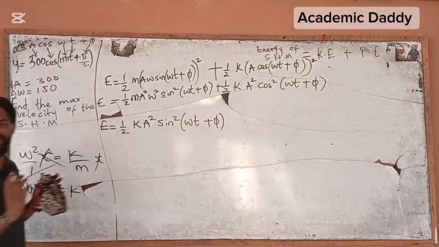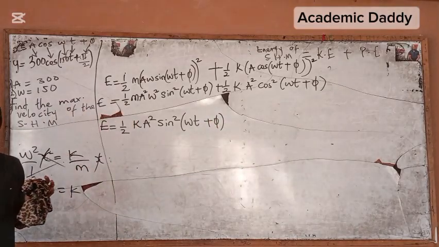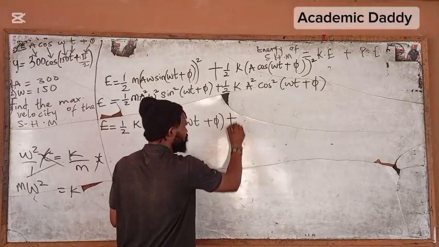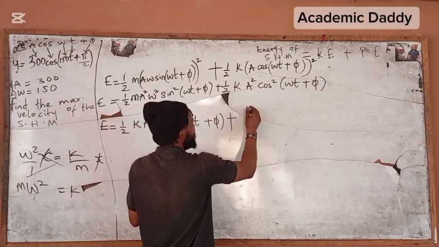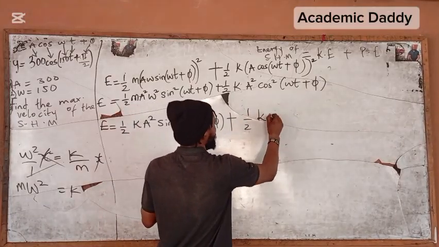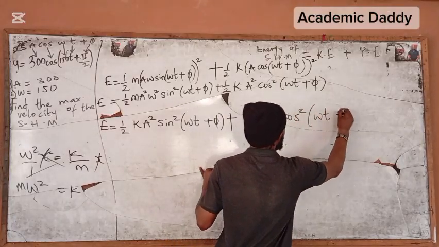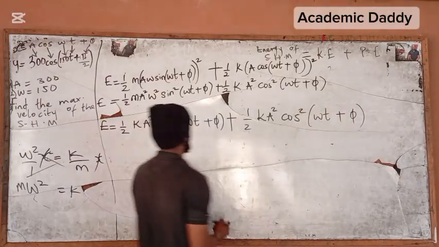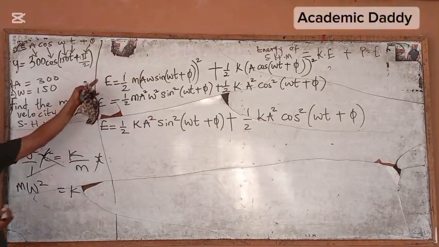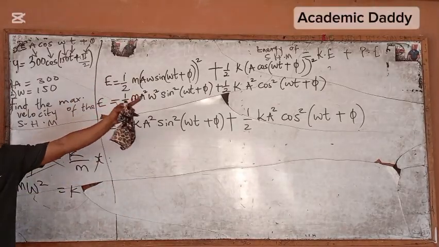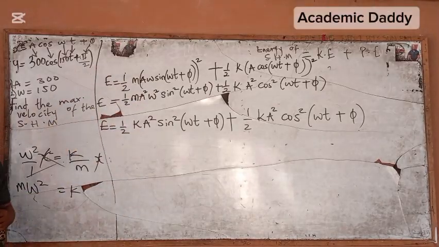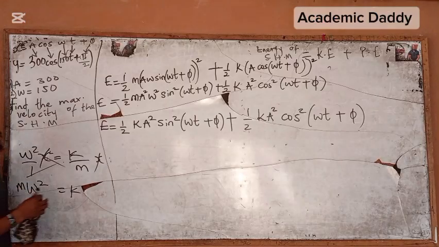I'm happy that you are the one giving me the Ka squared, so that it's not like I'm the one forcing you to agree to it. Half Ka squared cos squared (WT plus phase angle). Now, remember that everything I'm talking about here is energy equals to this. And this type of energy should be mechanical energy, when it has to do with movement.